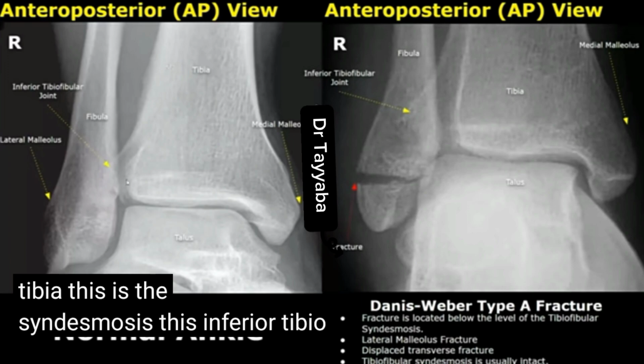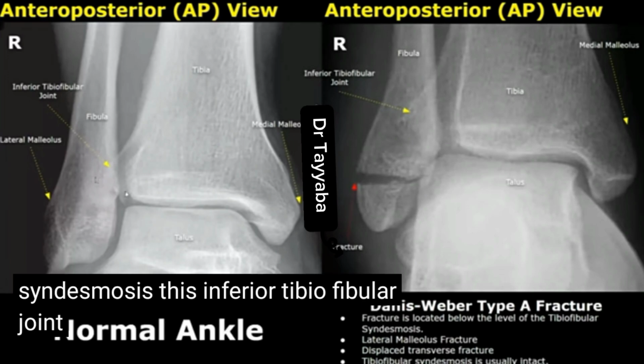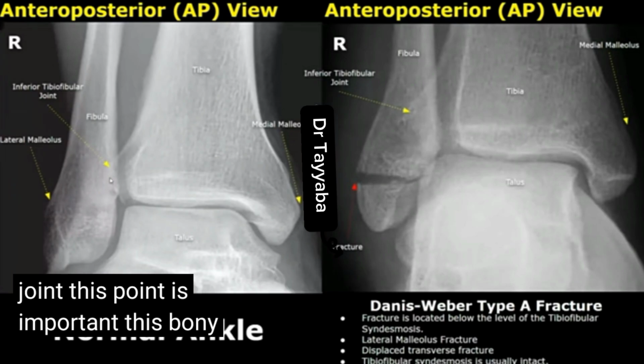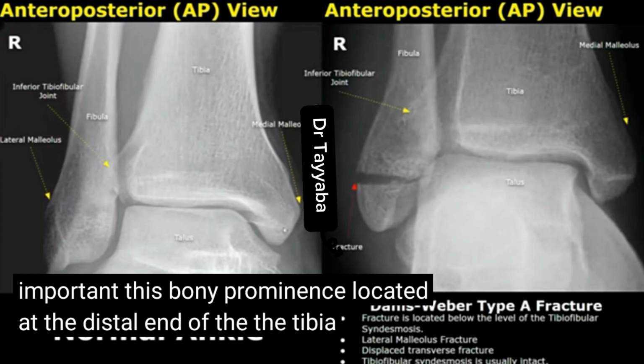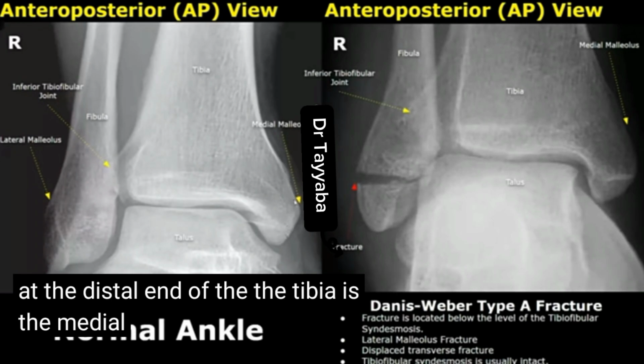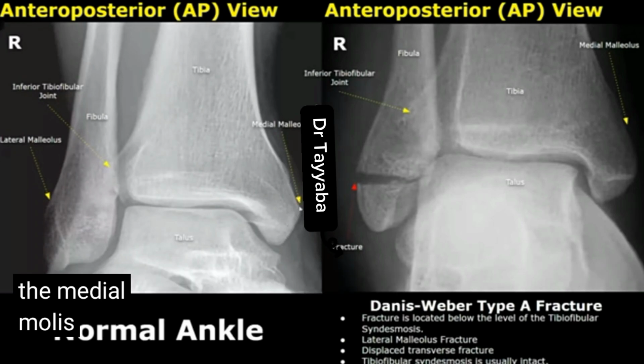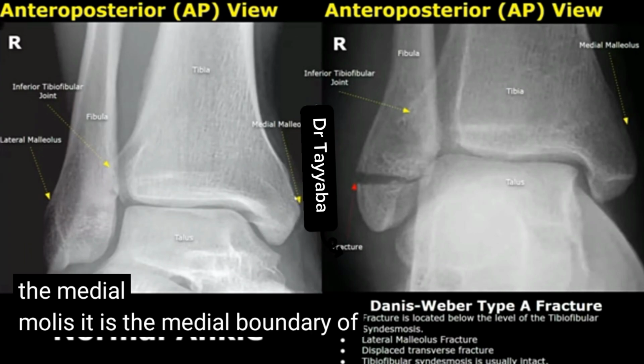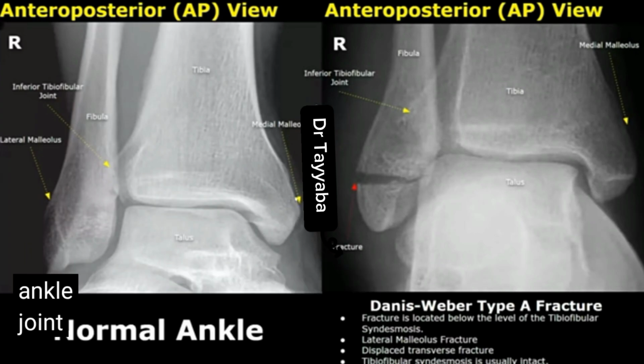This is the syndesmosis, the inferior tibiofibular joint. This point is important. This bony prominence located at the distal end of the tibia is the medial malleolus. It is the medial boundary of the ankle.